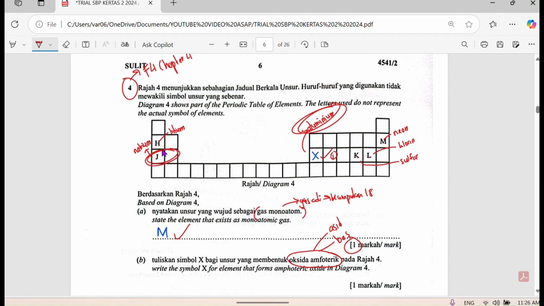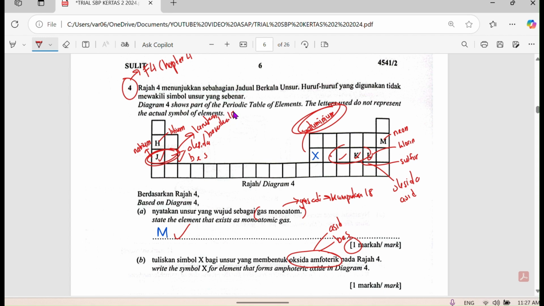Whereas here, your natrium as well as your magnesium will be oksida bes. Your silicon here, phosphorus, sulfur and chlorine will become oksida asid. Alright? Okay. So basically, if let's say you larut natrium oksida or magnesium oksida in water, it will form a larutan beralkali, an alkaline solution.